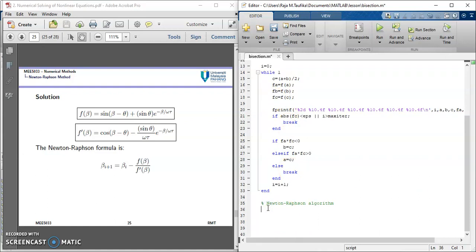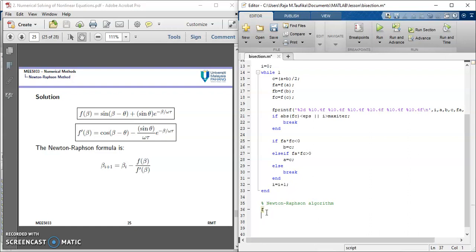In this regard, first you have to derive by hand what is f prime. The differentiation of sine is cosine, and then exponential power negative beta over omega tau is also the exponential, but don't forget to multiply with the coefficient of beta in the power of the exponent, so we get this negative one over omega tau. So we have to specify in our script the function f prime.